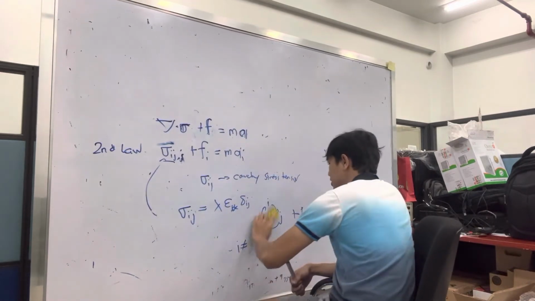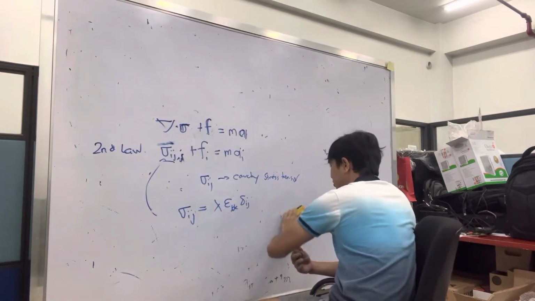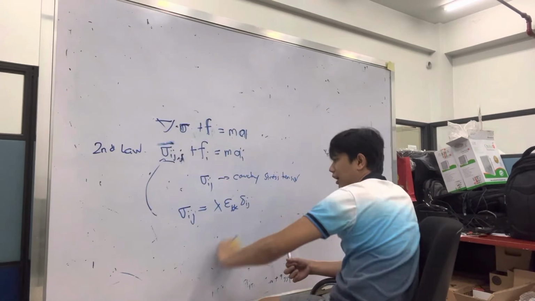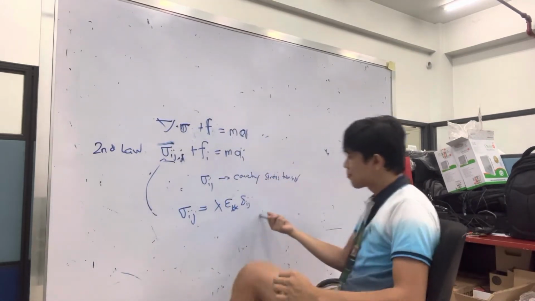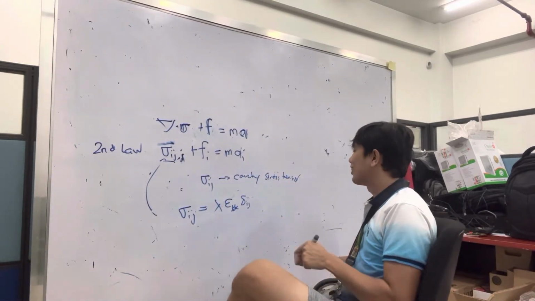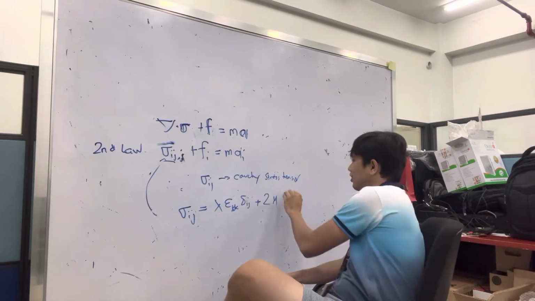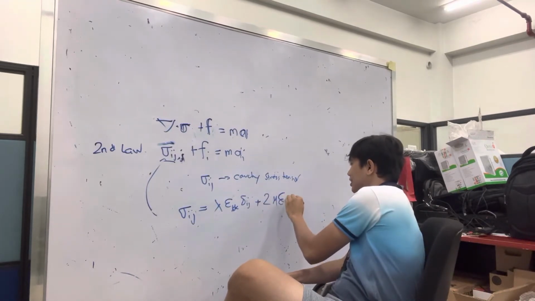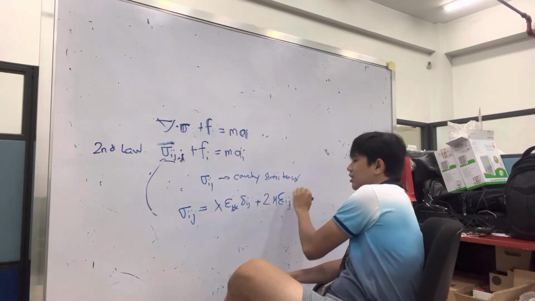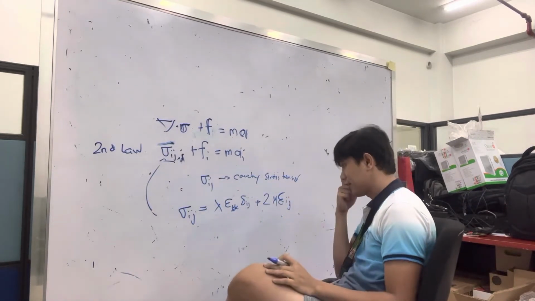Pero this one here, na-mention pa lang natin yung volumetric na component. Tapos meron kang 2 mu e ij. So paano mo siya i-interpret?